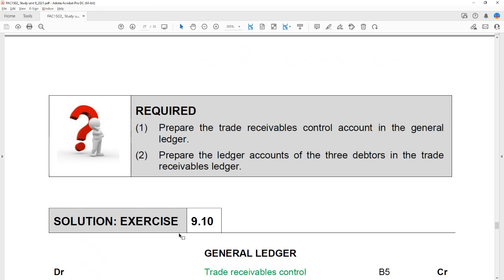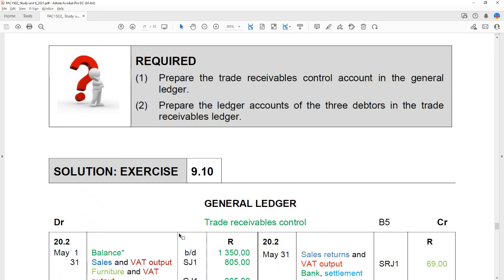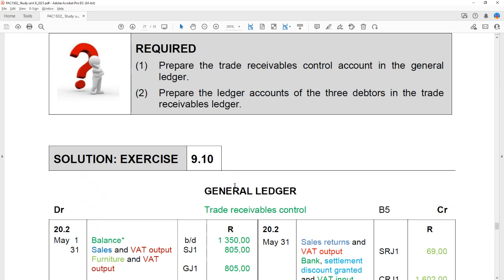Now, if we look at the solution, firstly, our balance brought down. We know our trade receivables control account is an asset, and assets have debit balances. So our balance brought down, because my opening balance is my balance brought down for the 1st of May, is 1,350.